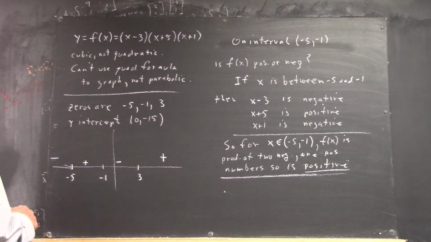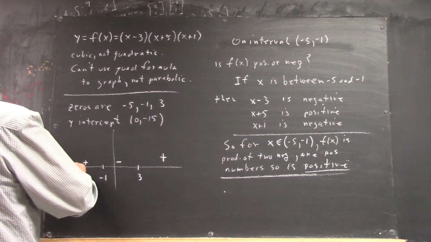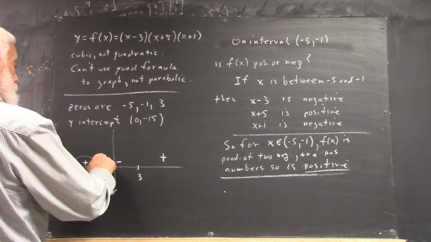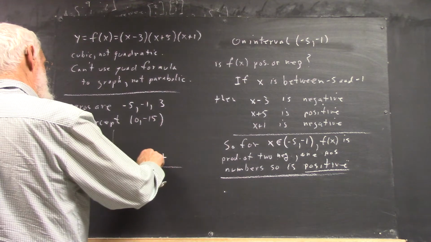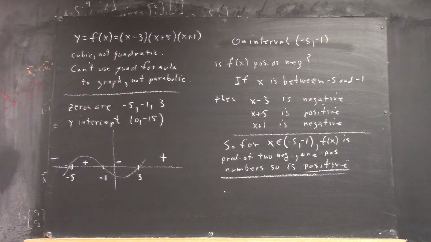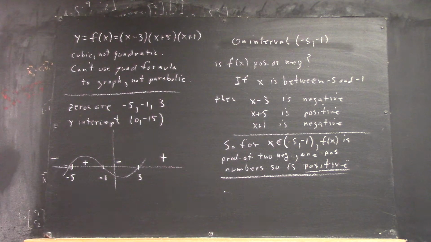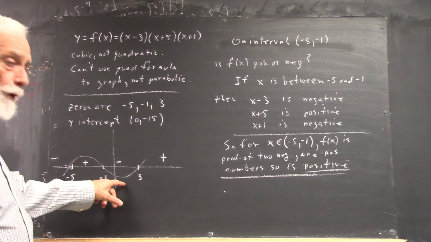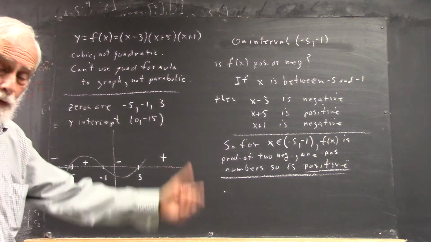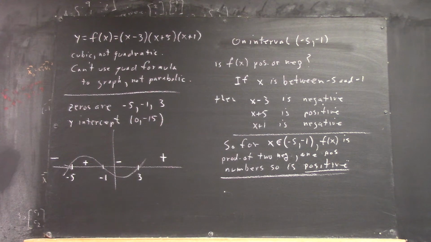Okay, so maybe it looks something like this. And it will actually look a whole lot like that, except that one of these will probably be higher than another one. It's going to be steeper through one point than it is through another on the x-axis.